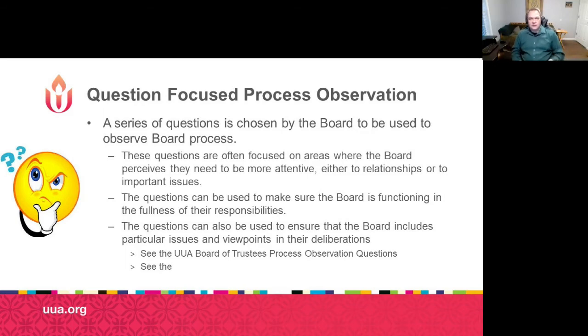So the questions can be used to make sure the board is functioning at the fullness of their responsibilities. Questions are also used to ensure that the board includes particular issues and viewpoints in their deliberations.